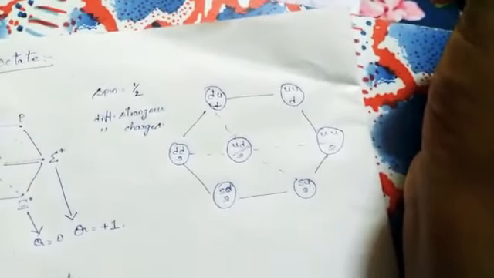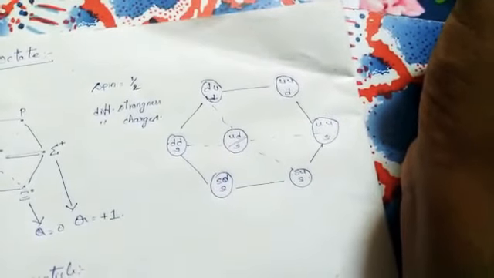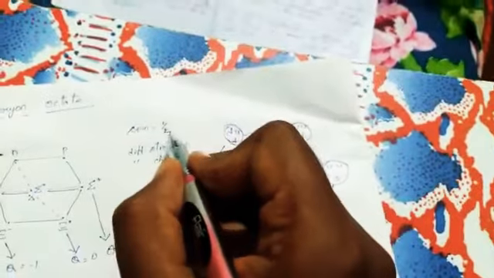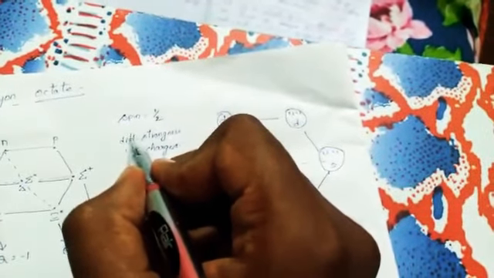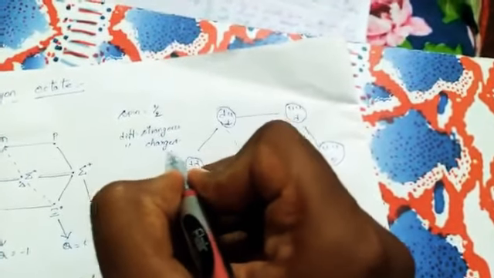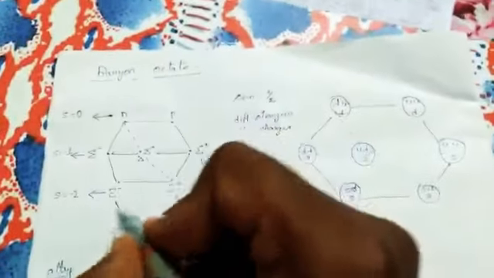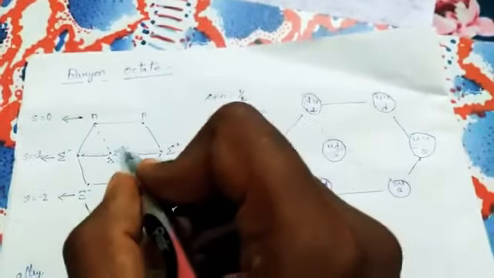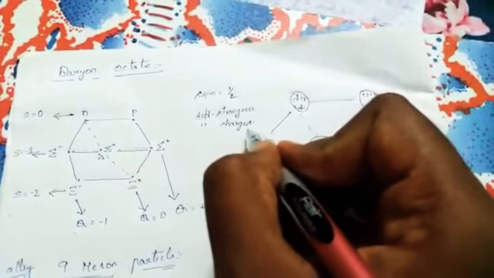These are the eight lightest baryon particles having spin equal to 1/2, with different strangeness and different charges.